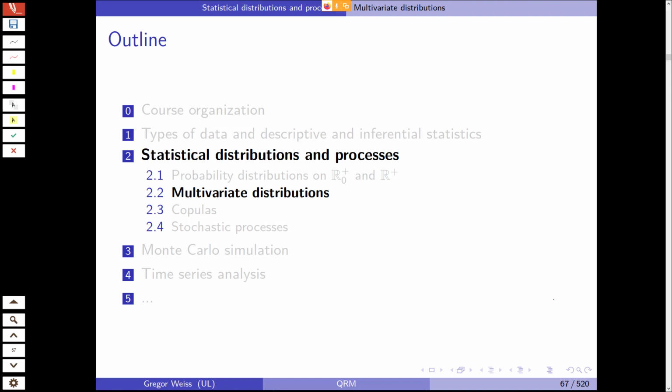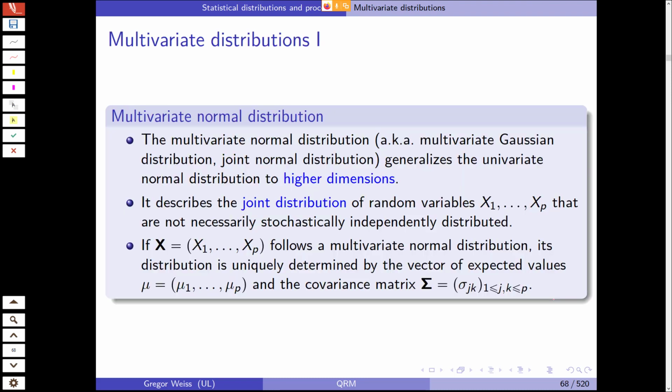Then let's turn to multivariate distribution. Now, you probably know that we have univariate distributions and multivariate distributions. If you have one random variable, it is univariately distributed, for example, according to a student t, according to a Gaussian distribution. If you have 2 random variables or more, x1, x2, up until xp, you can also look at the multivariate distribution of the random vector.